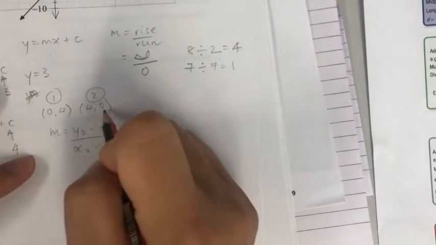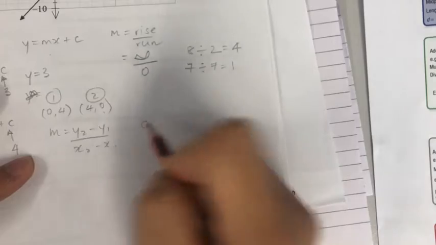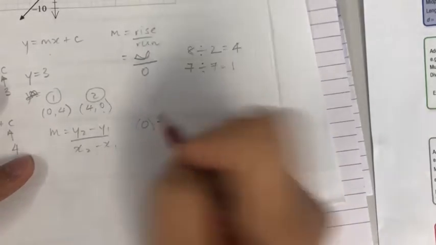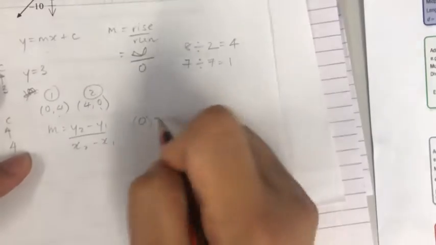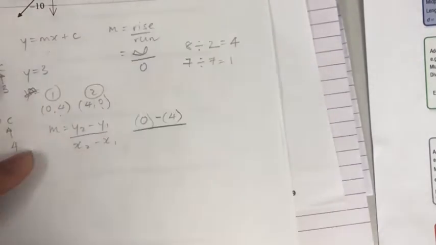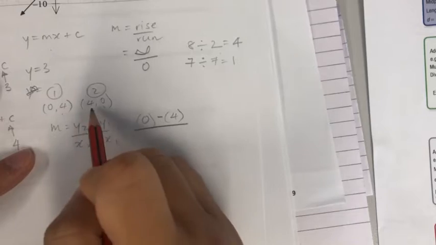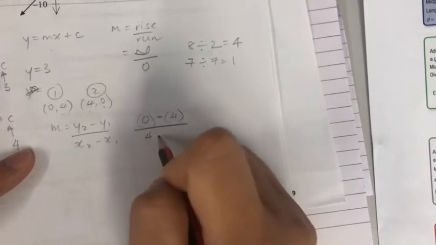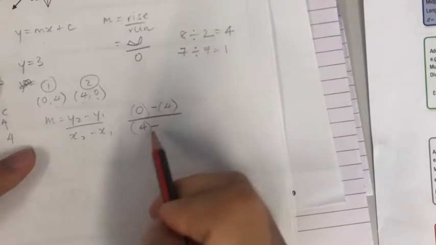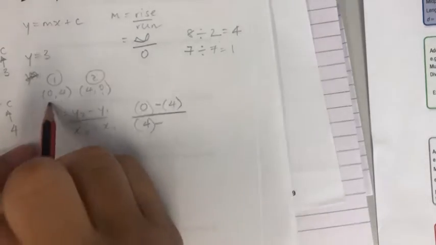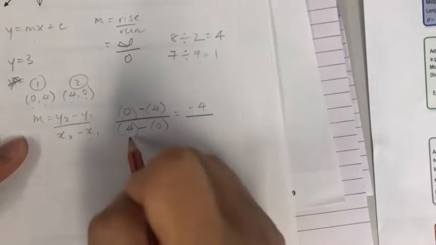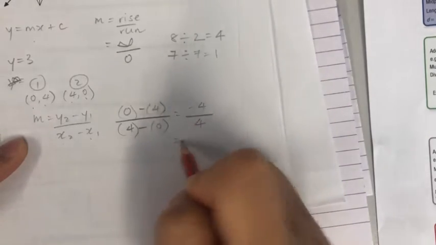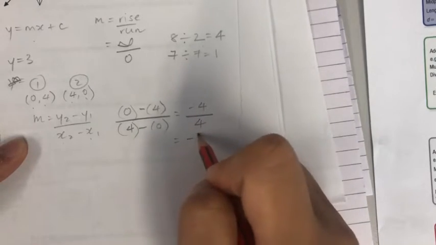So y2 is 0 minus 4 over x2, the 4, minus 0. So 0 minus 4 is minus 4. 4 minus 0 is 4. That is minus 1.